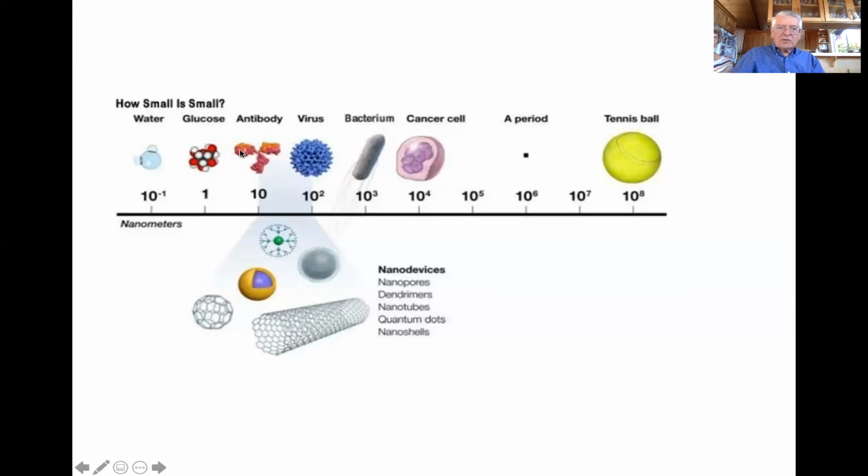In other words, in a typical bacterial cell, you could line up 1,000 sugar molecules to go from one side of the cell to the other. So this gives you some sense of size and scale. And we're going to be looking at molecules at the bottom end here, really small ones, things that are really difficult, or in some cases impossible, to see with the best of working microscopes.